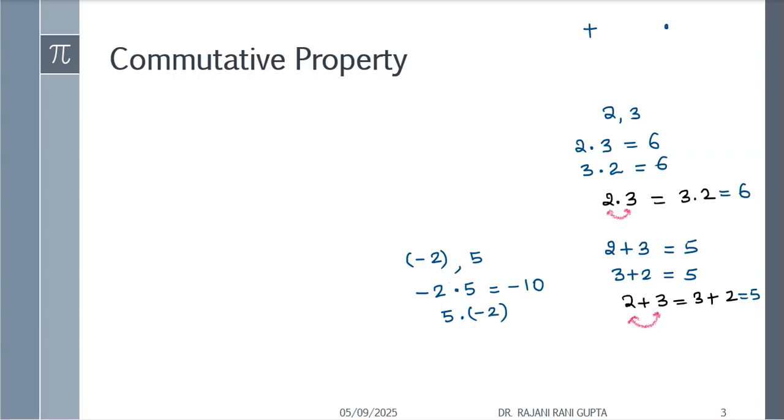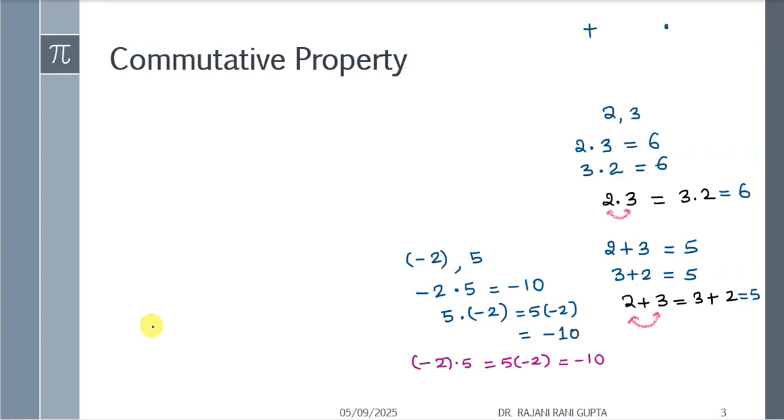Sometimes it's written as 5 bracket minus 2, because a bracket means multiplication. We multiply the numbers 5 and 2, which is 10, and there is only one sign, so it's minus. So minus 2 times 5 or 5 times minus 2 is the same, giving you the same result.